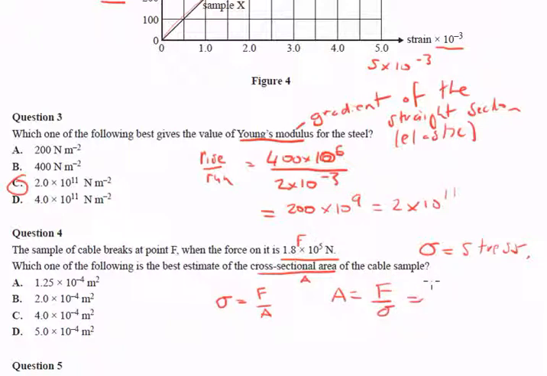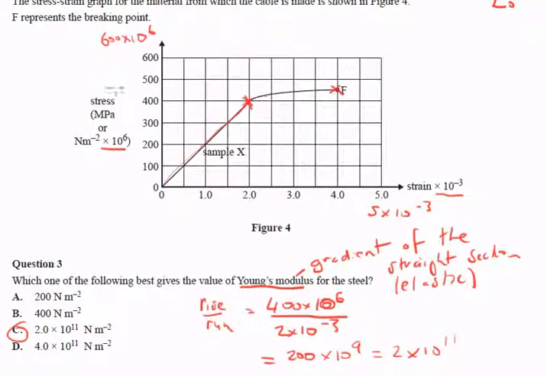We know what the force is, 1.8 by 10 to the 5. What the heck is the stress? Well, they tell us we're talking about when it breaks at this point F. So we can actually read the stress off the graph. So remember, here it says stress, and this is stress. Point F, what's the stress?